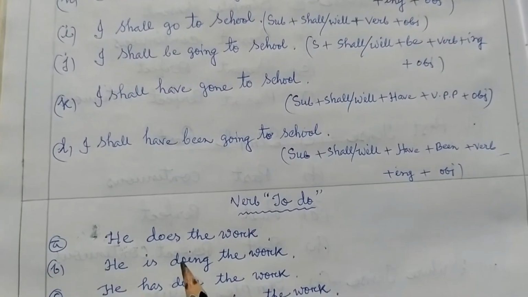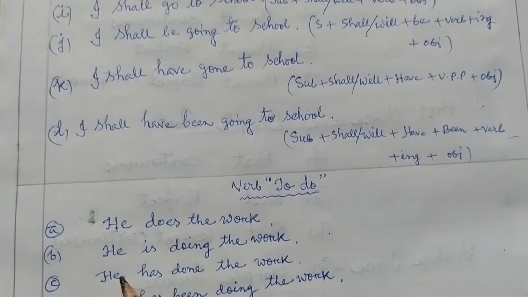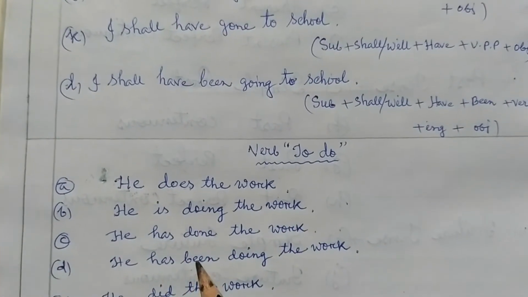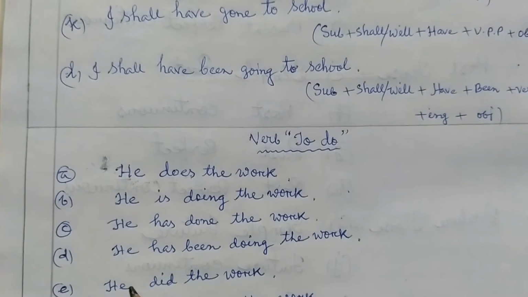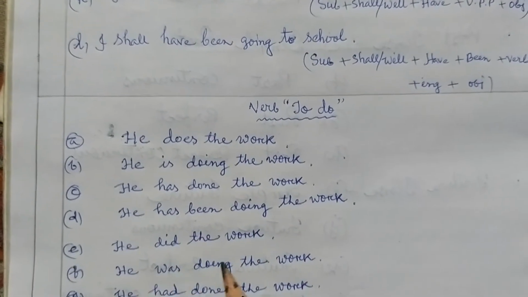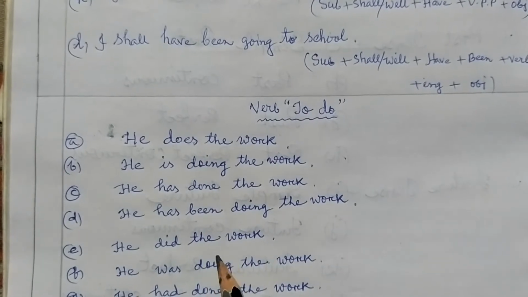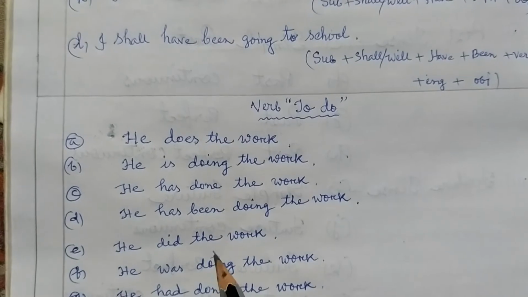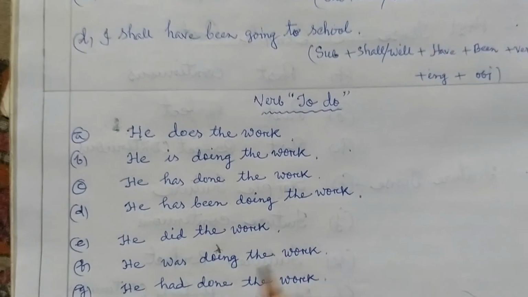Number B, he is doing the work. Number C, he has done the work. Number D, he has been doing the work. Number E, he did the work. Number F, he was doing the work. D-O-I-N-G, doing. Doing the work.